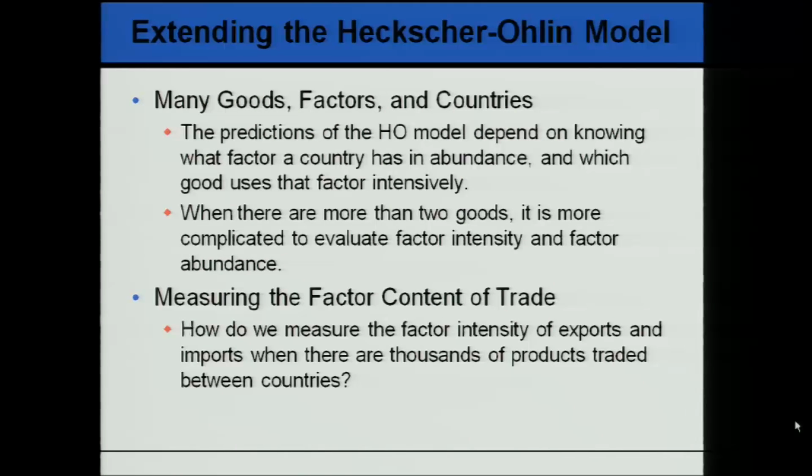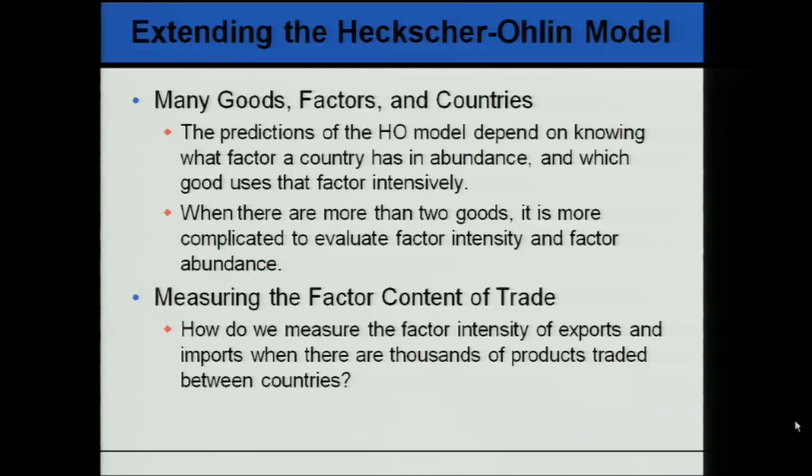Now, when you talk of many goods, factors and countries, the predictions of the HO model depend on knowing what factor a country has in abundance and which good uses that factor intensively. When there are more than 2 goods, it is more complicated to evaluate factor intensity and factor abundance.